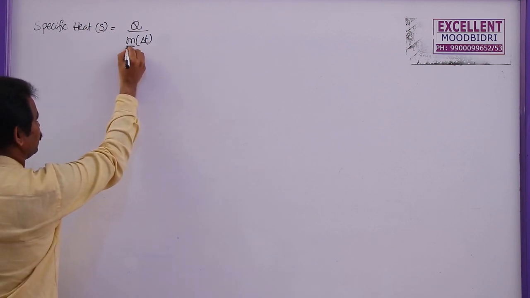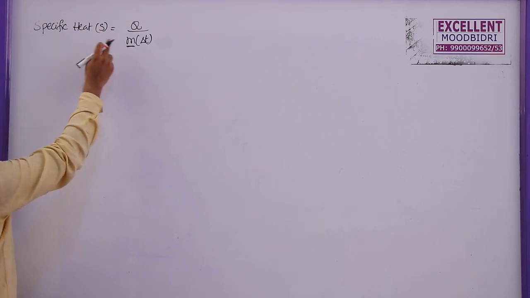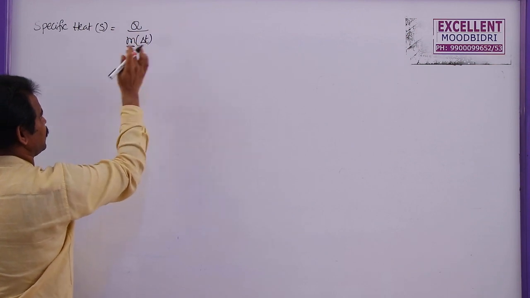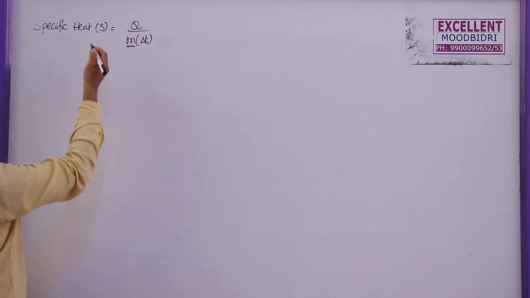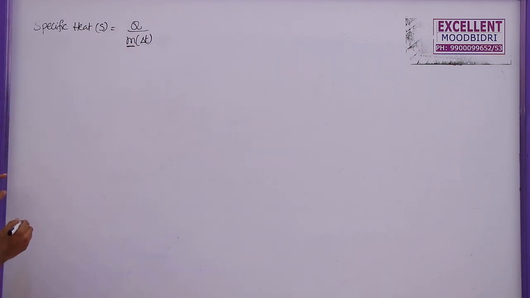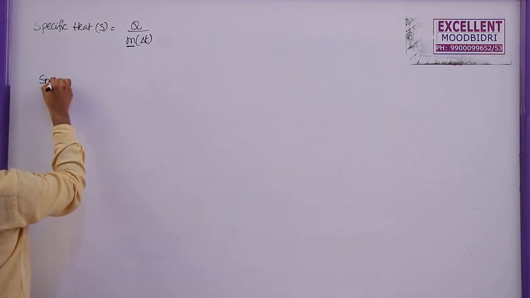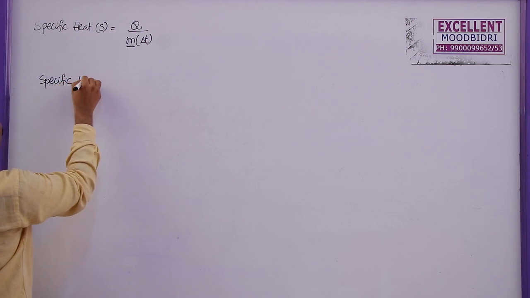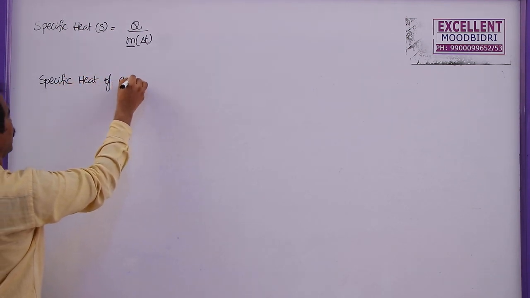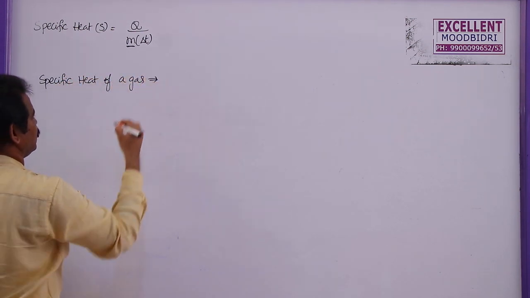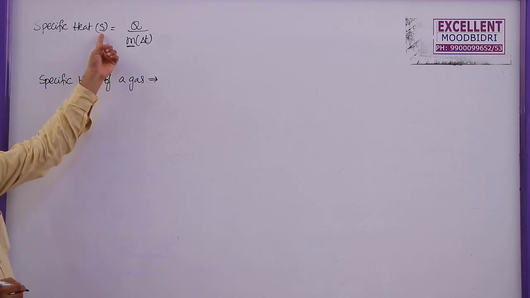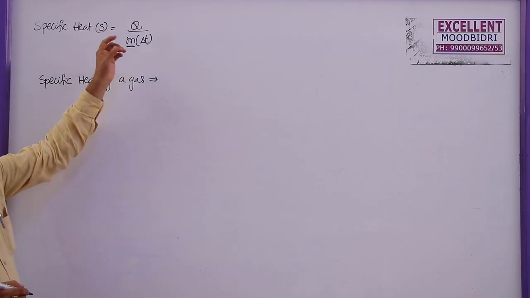If you consider 1 unit mass, then the specific heat unit is joule per kg per Kelvin. Suppose you write this for 1 mole of the substance. We denote the specific heat as S only for solids and liquids.